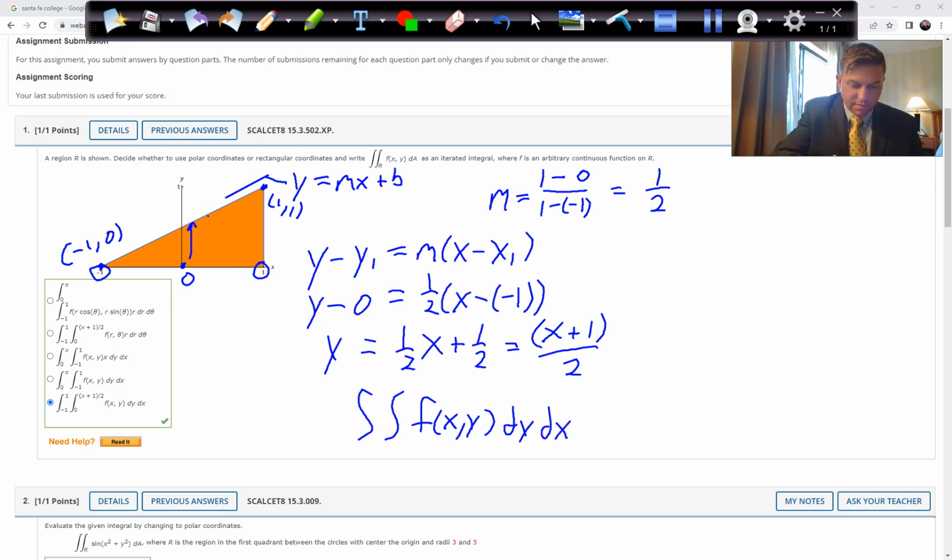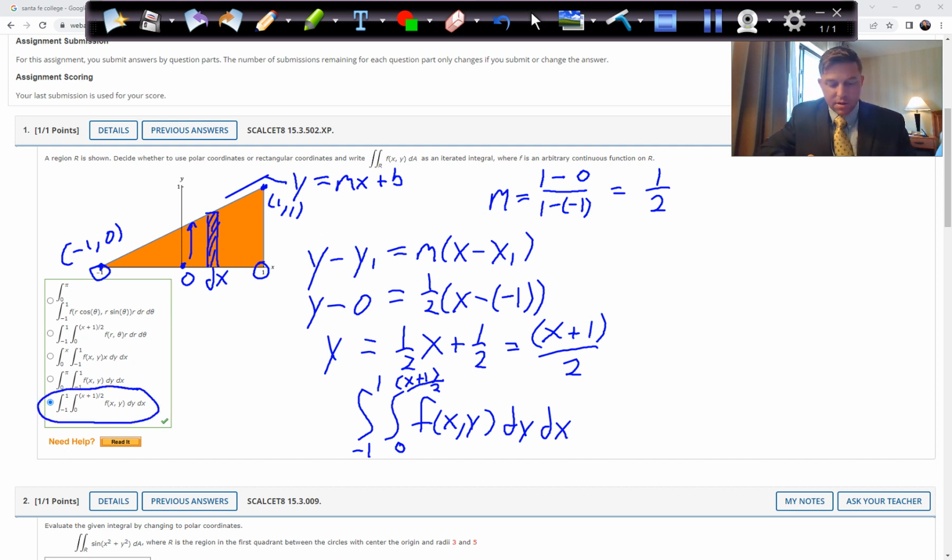So they are doing vertical rectangles, and they have dx there, so that would be the last term. And the y, I already said, varies from 0 to the equation of this line, y equals x plus 1 over 2, and x goes from minus 1 to 1. And if you look, that would be the proper setup for problem 1.